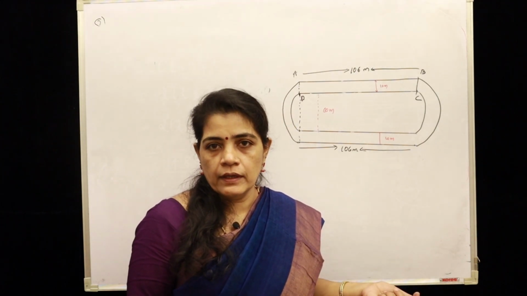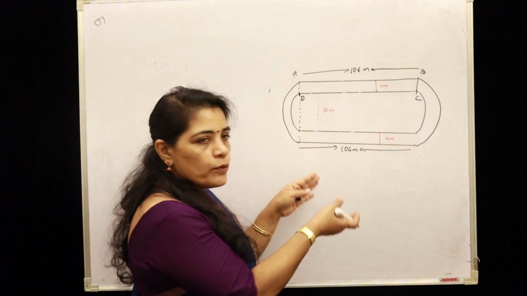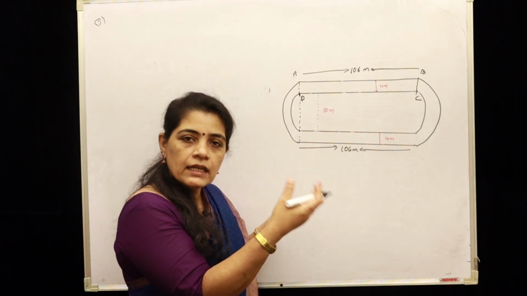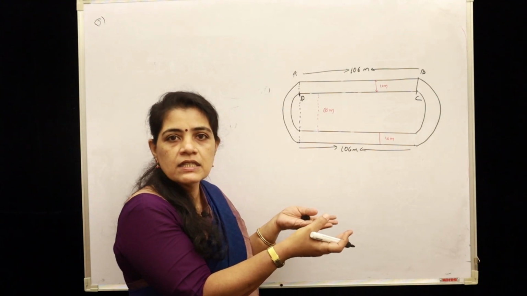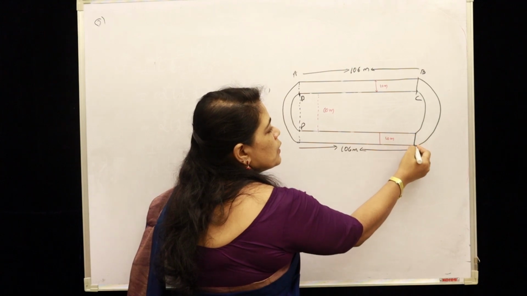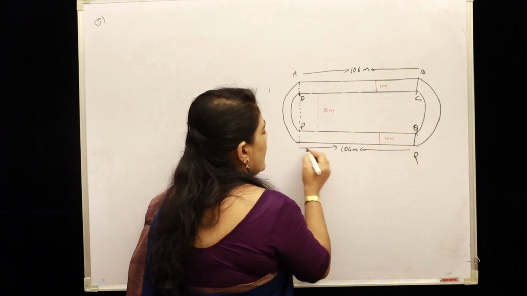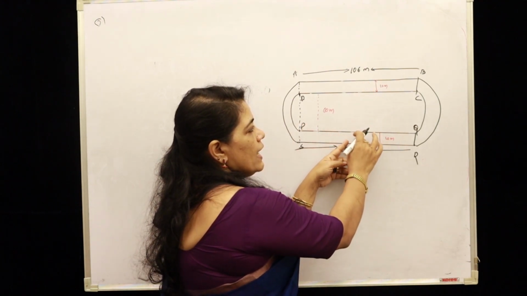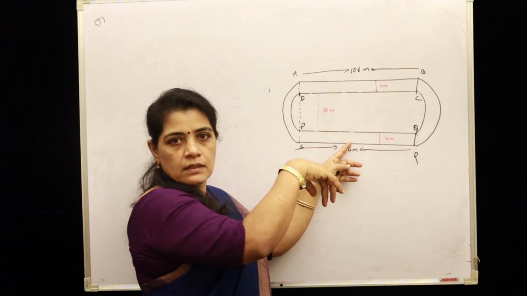So L into B. And its opposite side also has the same length, and the width also remains the same, that is 10 meter. So here PQRS. So we have taken the area of these two parts.